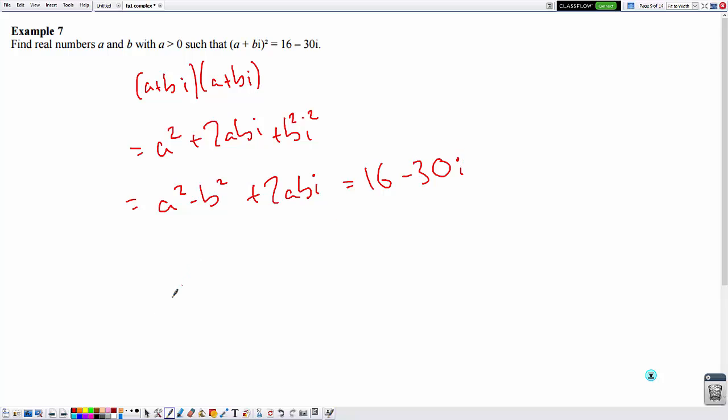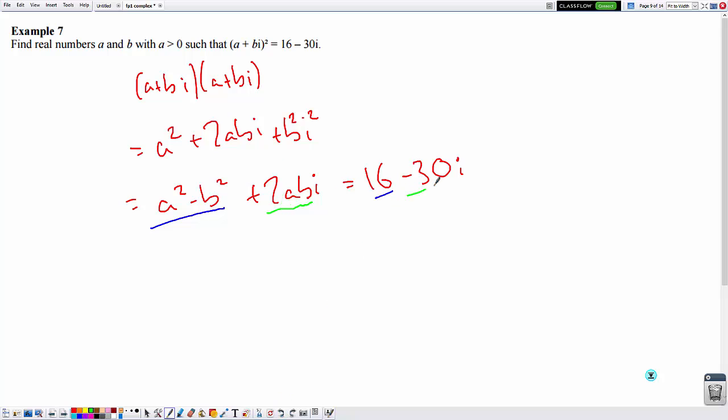And that's equal to 16 minus 30i. All right, so let's compare real and imaginary parts. My real part is this, my imaginary part is this. So, sorry, apologies, my pen stopped working for some reason.